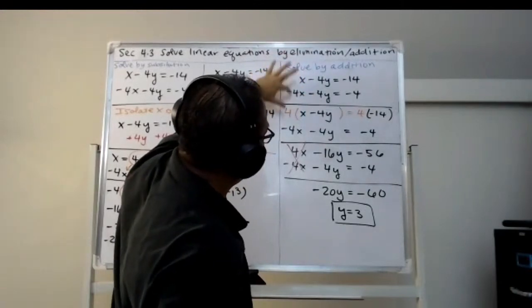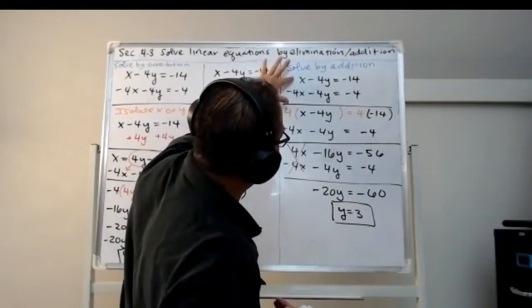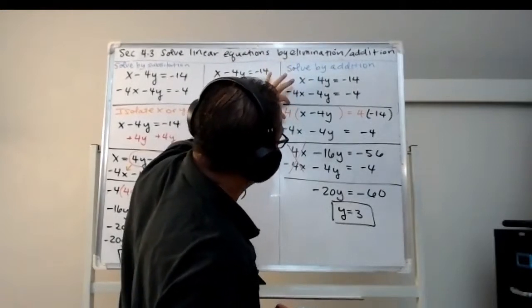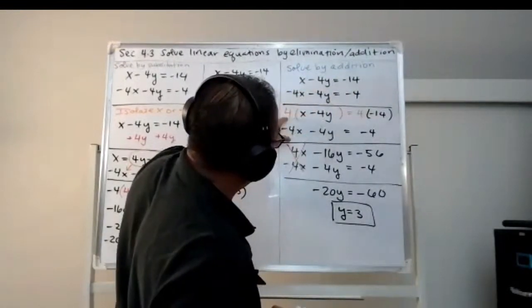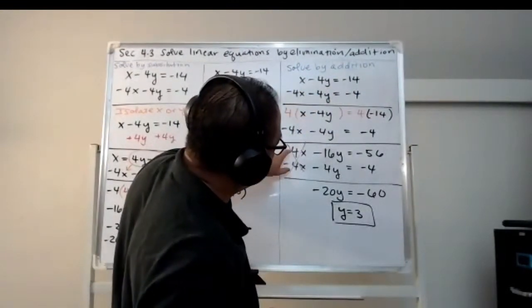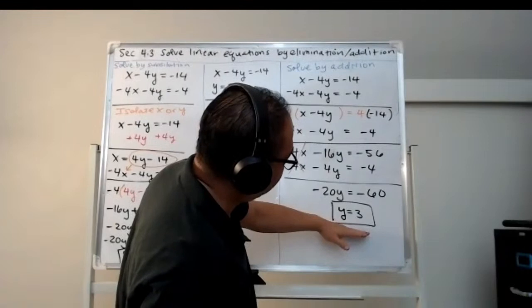So when I add these two, I would get minus 3x. So before I add them, I have to make sure that these two numbers match. So I multiply this whole row by 4 so that I would get a 4x, and when I added them, they would disappear. And then we end up getting the same y value.